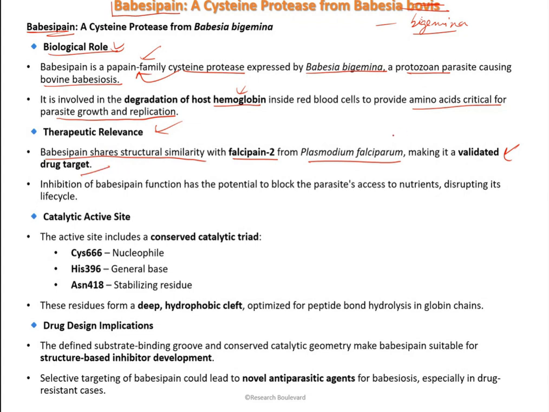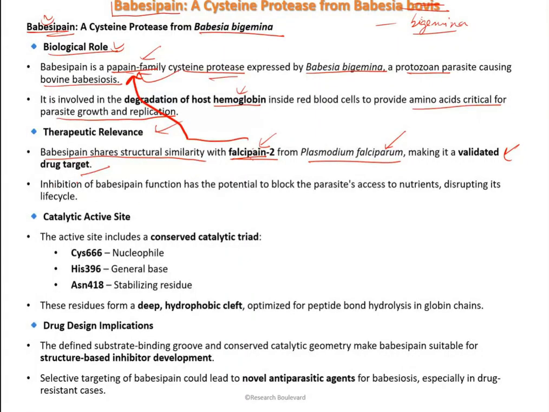When you design a drug for Plasmodium falciparum, you go for falcipain, which belongs to the same papain family of cysteine proteases. The same applies to Babesipain for this organism, Babesia bigemina.